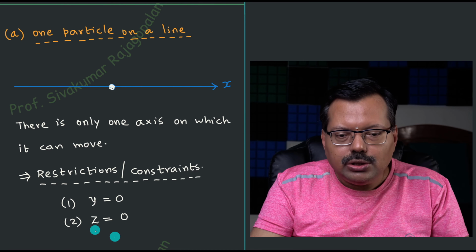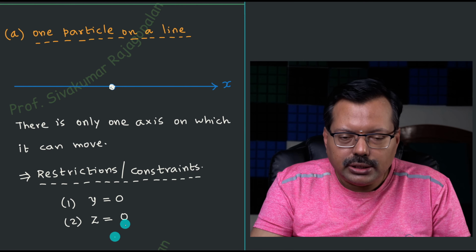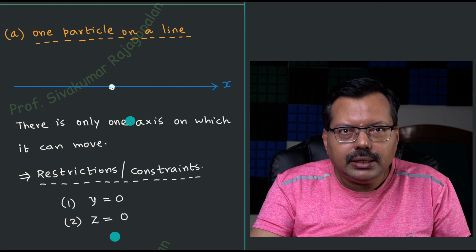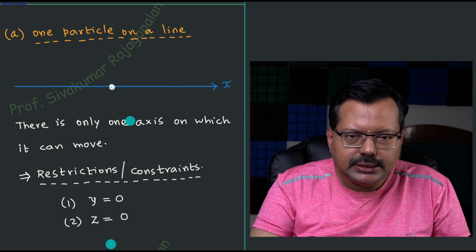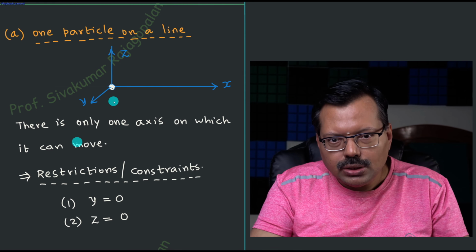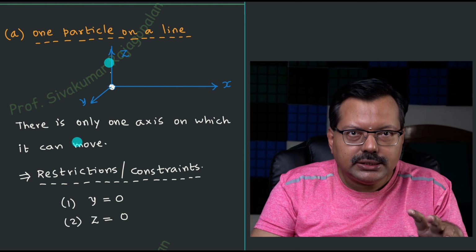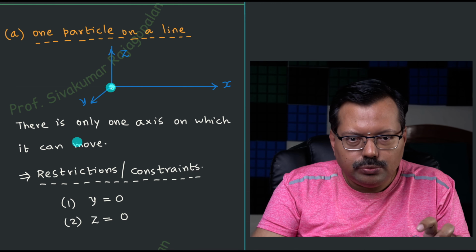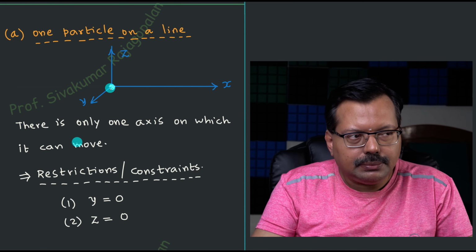Now how do you know that y equal to 0, z equal to 0? In the sense, we will have to bring the y-axis and the z-axis into our diagram. That's what I am doing here. Now try to bring the y-axis and the z-axis into our coordinate system, and then the person who is walking would be the particle. We can represent it like a particle.